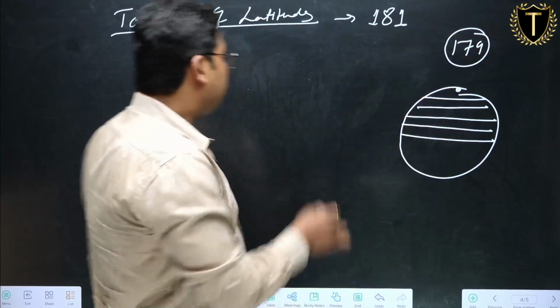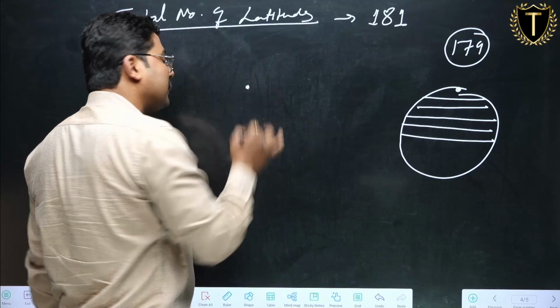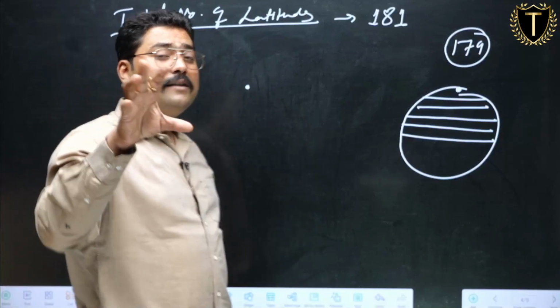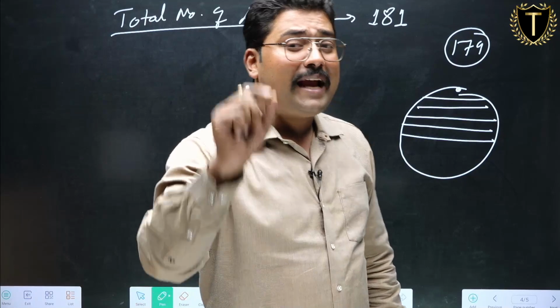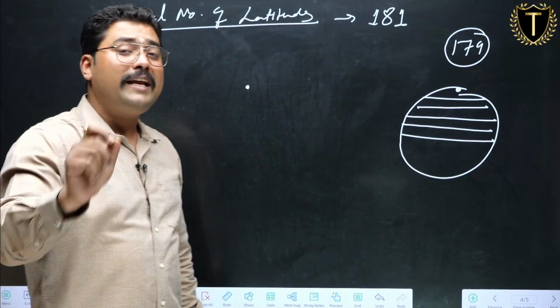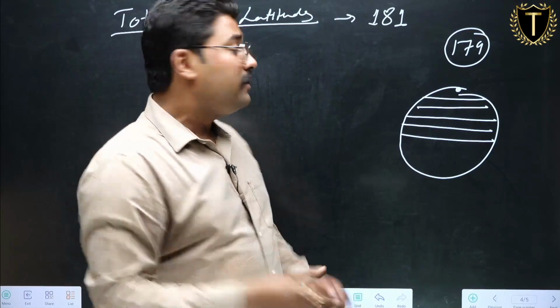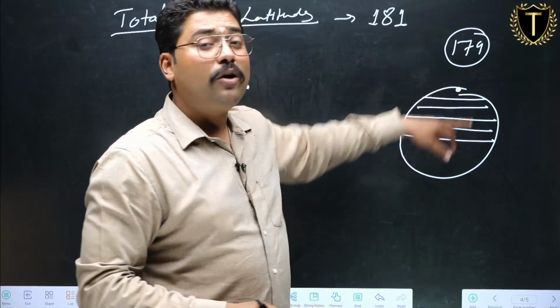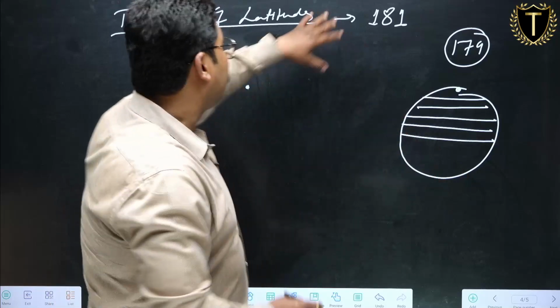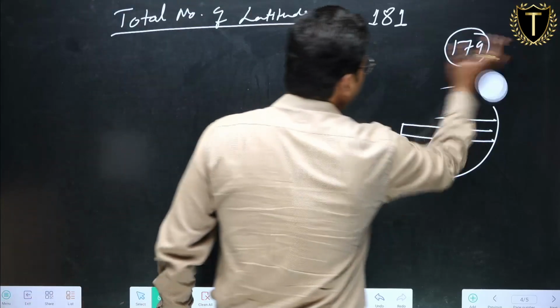Why? Because a point is defined in mathematics in two ways, as a line and a circle. A point is a line without any length, and a point is a circle with no radius and no diameter. Meaning the 90 north and 90 south are also a line, an imaginary line. So they will be 181.